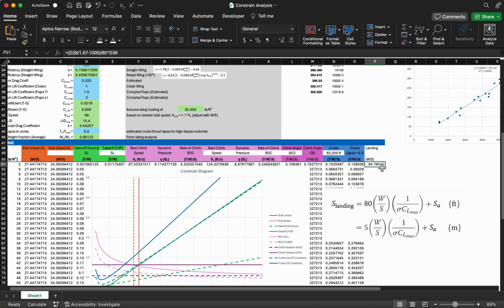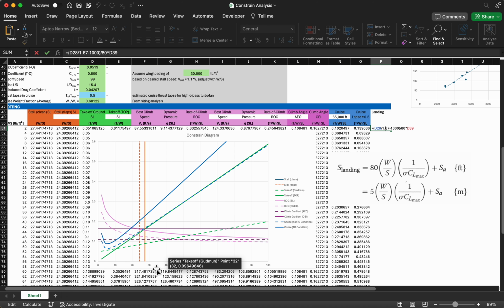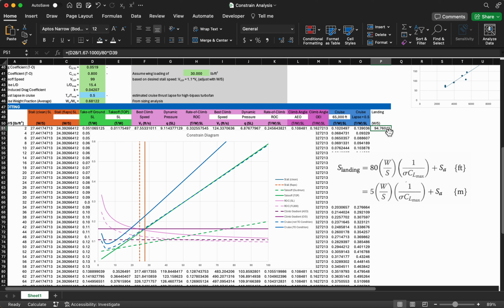Now that's quite high compared to the values we're seeing over here, 25 or so. Now this doesn't mean we have a stringent requirement. It means that we only need to have, or we can have up to a wing loading of 95 roughly pounds per square foot before we can no longer land within this distance.